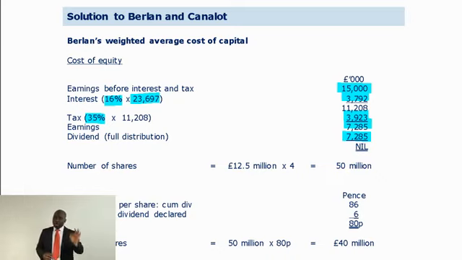So your ex-div market value is the cum div market value minus the current what? Dividend, because that market price should be the present value of the future dividend and it should exclude the current dividend. So you are comparing like against like. You have to be comparing like against like.